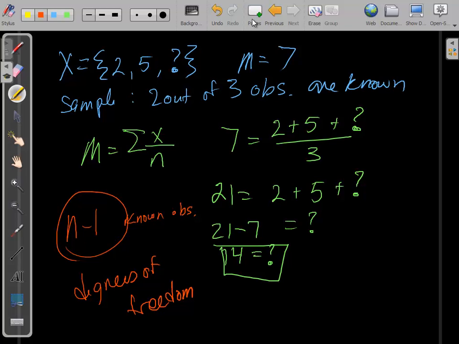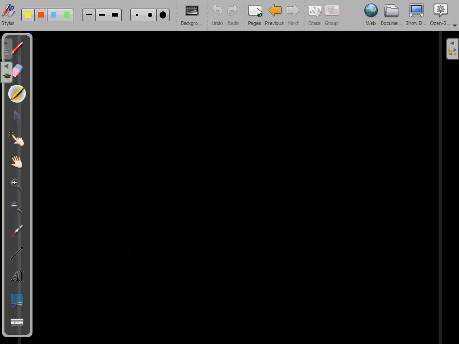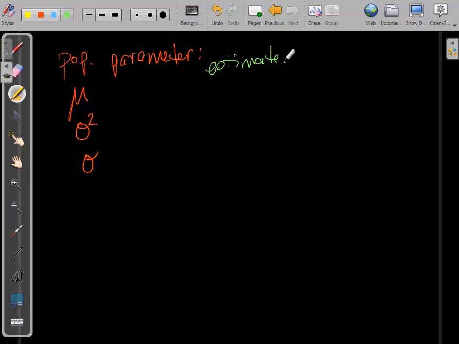So another way to think of this is this idea of parameters being the thing that we estimate with our sample statistics. So here's our population parameter. If it's mean, it's mu, if it's variance, it's sigma squared, if it's standard deviation, it's sigma, and we estimate these with our sample statistics.